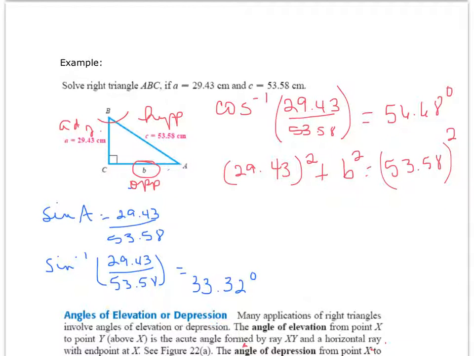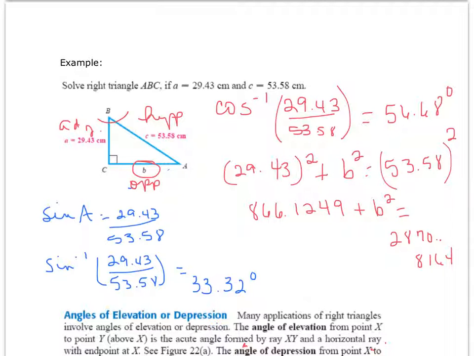So if we have 29.43 squared, we wound up with 866.1249. That's what I'm going to use on my calculator. Plus B squared equals 53.58 squared, which equals 2870.8164.